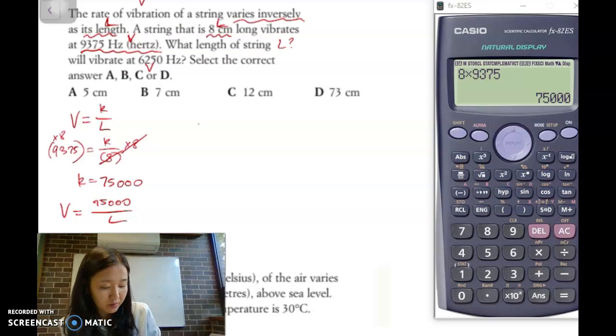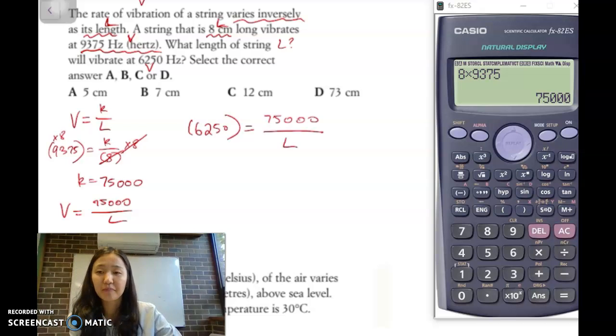So we know what V is. It's 6250 is equal to 75,000 over L. Now, if you remember our lesson on solving these type of equations, there's a quick shortcut to solving for L here, and that is switching the L and the number on the other side of the equation.